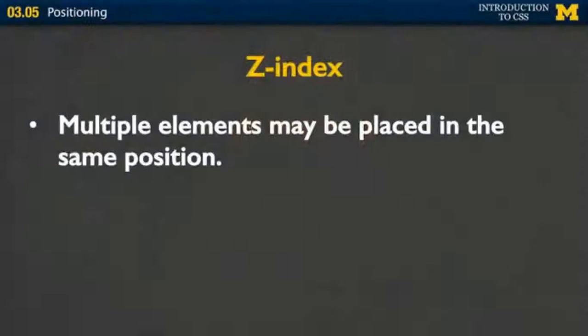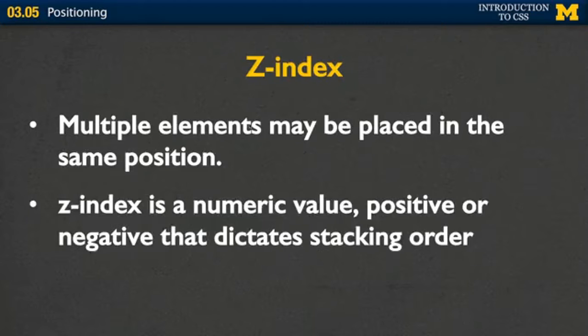Now, one of the things I showed you is that it's possible for multiple elements to be placed in the same position or on top of each other. And there's a way to deal with that if you don't like the ordering that they're showing up. And that's called the z-index. The z-index is basically just a number value. It's either positive or negative that tells the browser your stacking order.